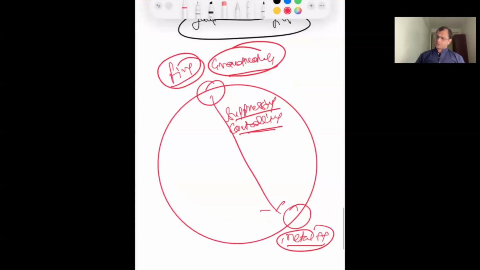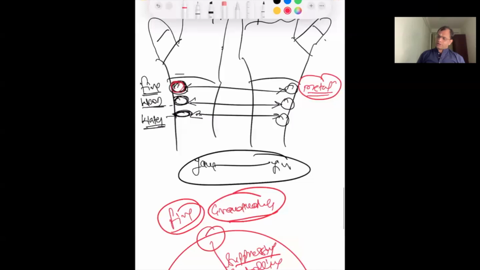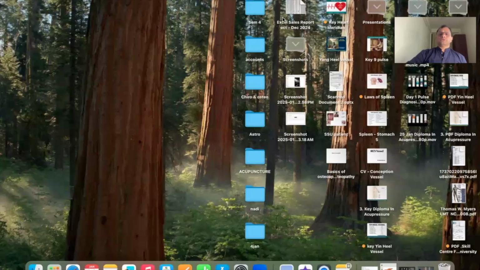Yes. So on the one side, on the left hand, we are having fire. On the same place, in the right hand, we are having the metal element. So when we are checking the fire pulse on this hand, that is the pulse of yang. At the same time, we can check the pulse of metal here in the right hand.